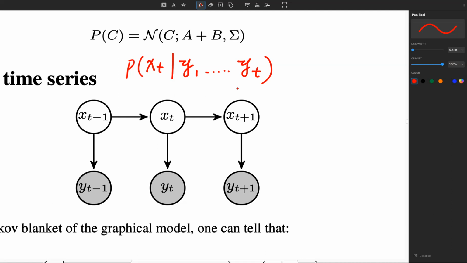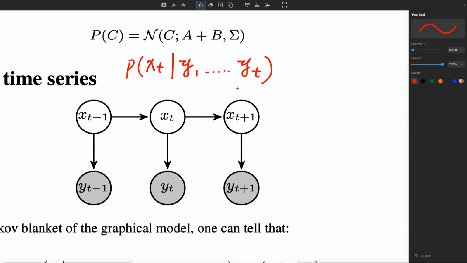Has anyone ever heard of the Kalman filter? No? No one has heard of the Kalman filter before. So the Kalman filter is used to track rockets. Can anyone tell me how this relates to rockets?